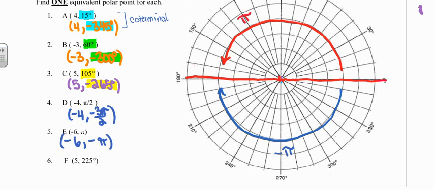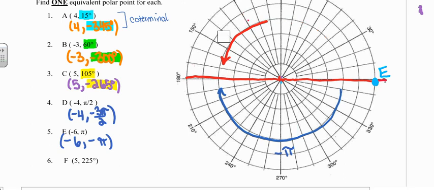And because my radius is negative, I'm going to go the opposite direction from the pole, putting point E right there. All right, and then we're getting close to the finish line here.